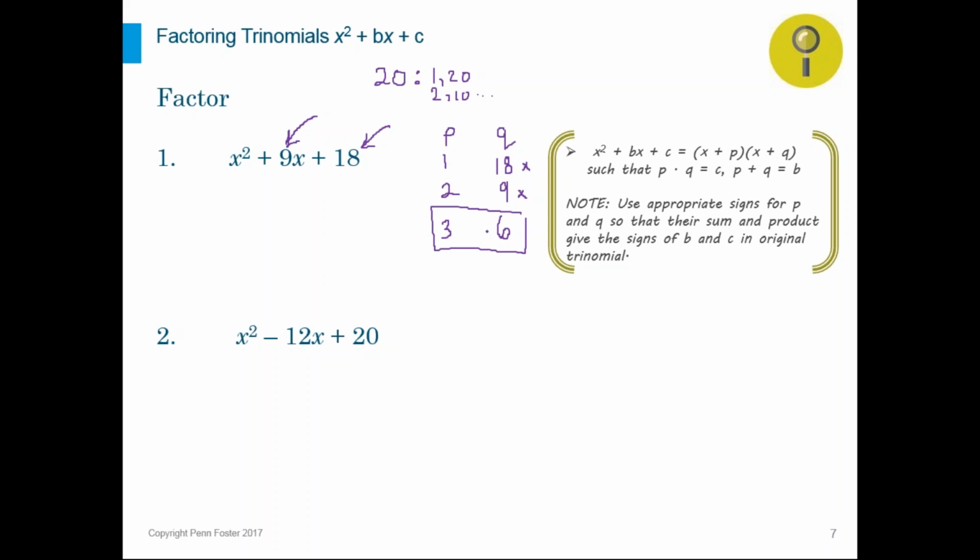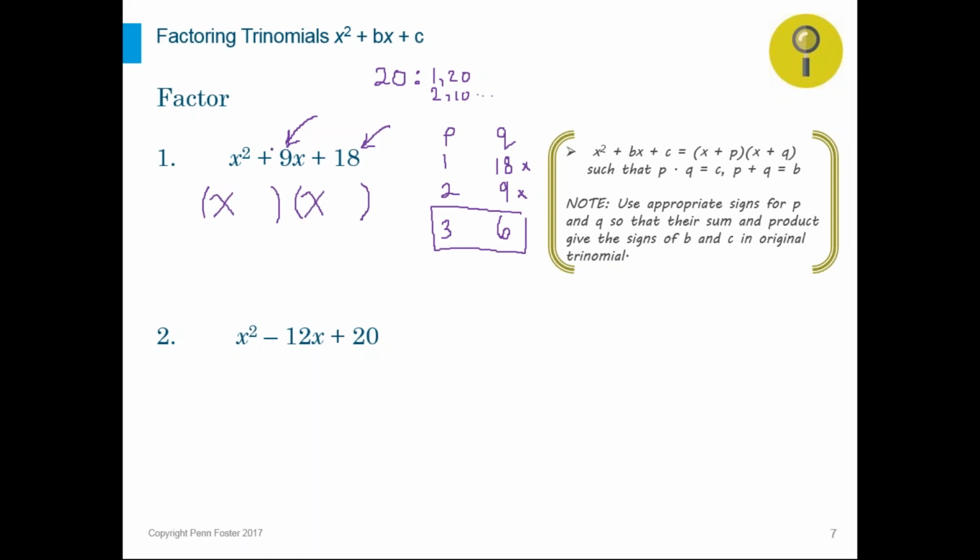So this is what I'm going to use to write out my factors for the trinomial. The way I'm going to do that is I'm going to open up two sets of parentheses here. I'm going to have an x and an x. Later on, you will see those signs may change.